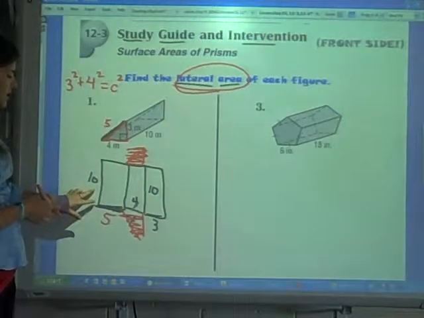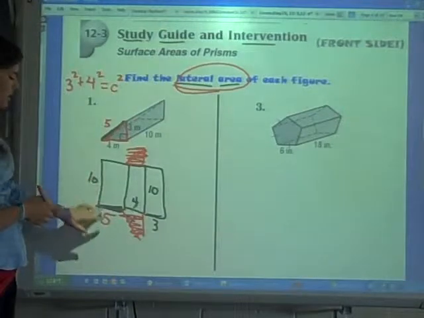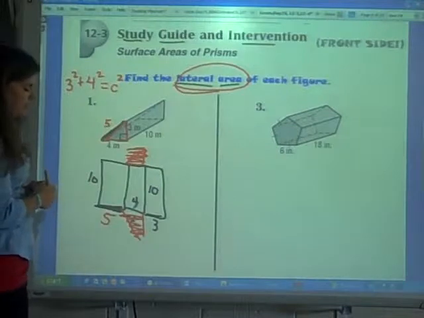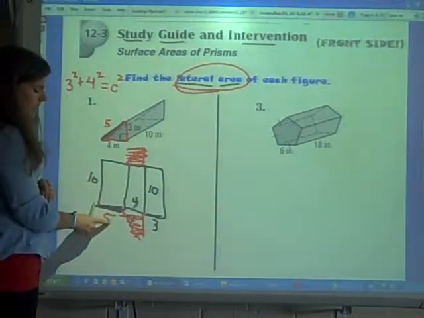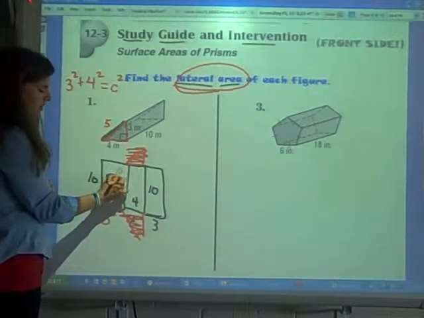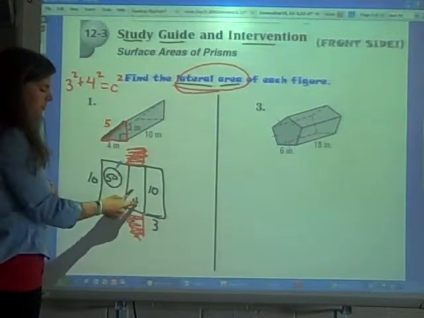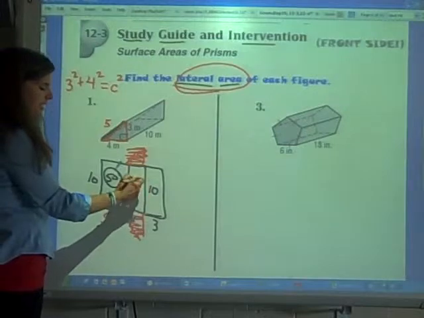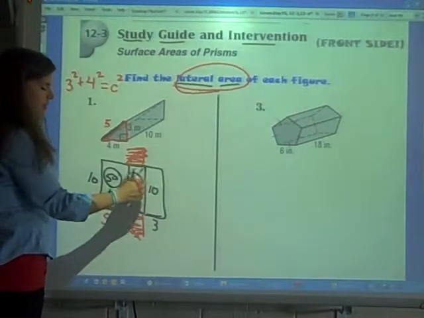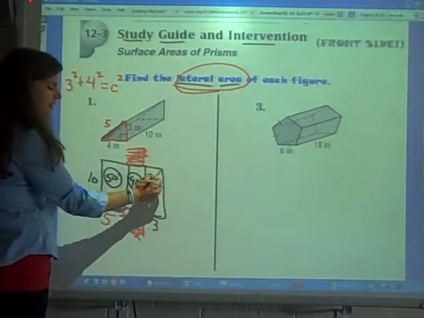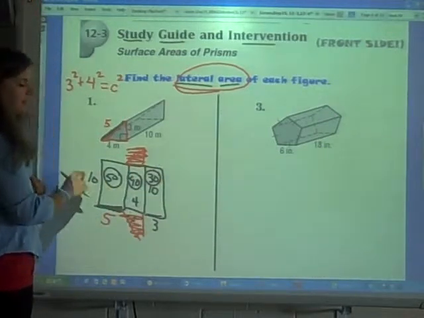Okay, so here we are. I want you to take a look. Let's find the lateral area of problem number 1 here. 10 times 5, that gives you 50 meters squared for this piece. 4 times 10 is going to give you 40 for this piece. 3 times 10 gives you 30 for this piece.